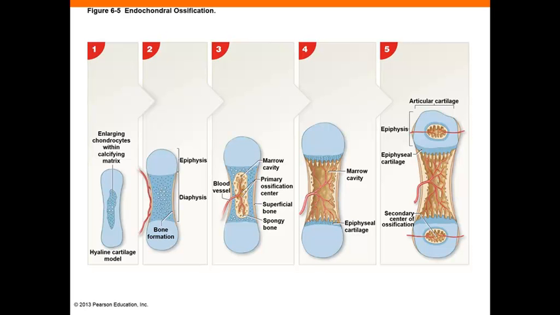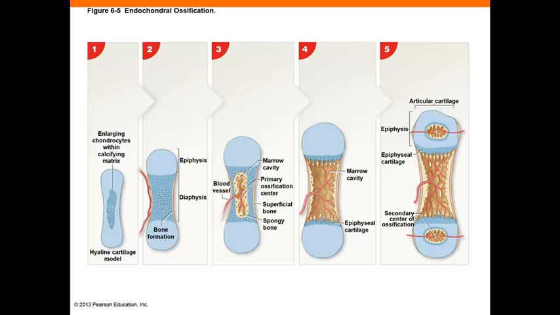The epiphyseal plates, cartilages or plates at the ends of the bone, will continue to enlarge in step 4 as well. And then last, in step 5, the centers of your epiphysis will begin to calcify.